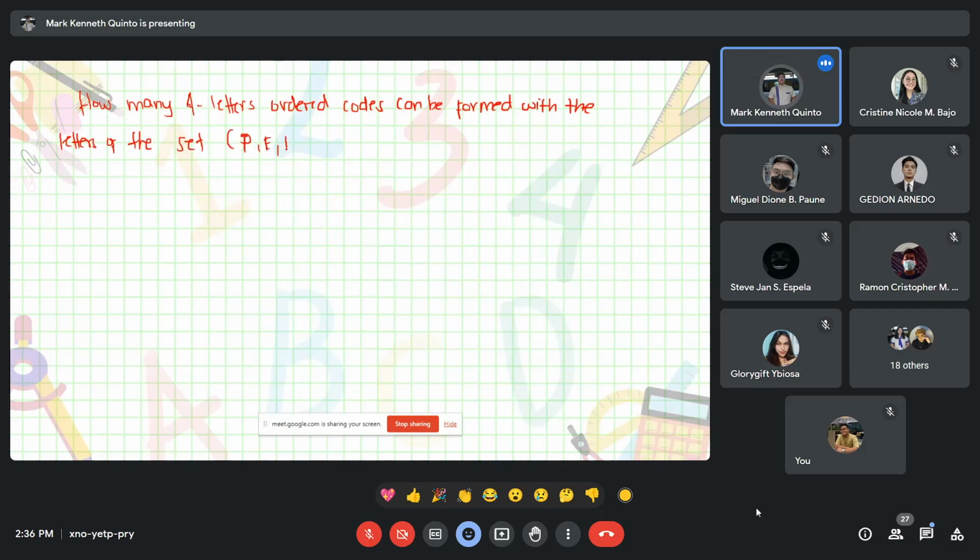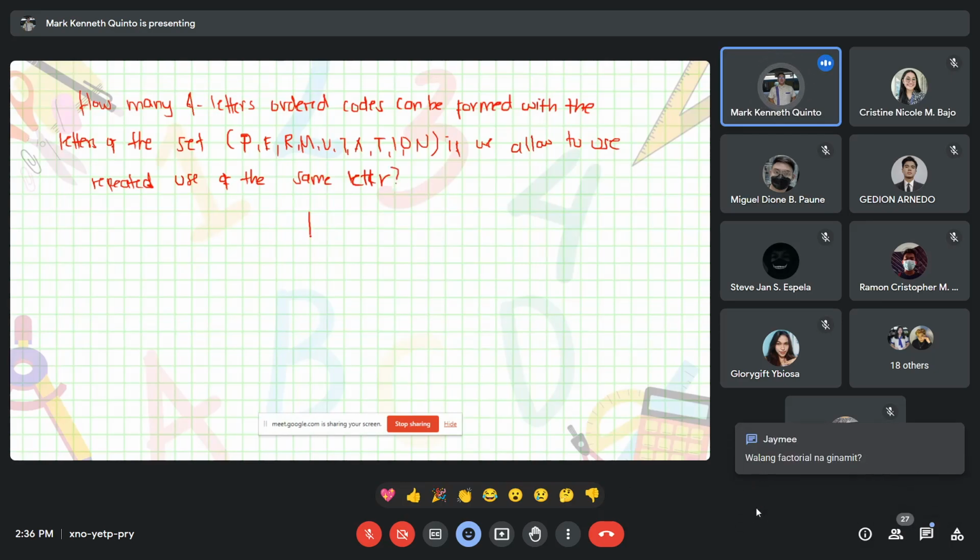P, E, R, N, E, E, I. And if we allow to use repeated, use the same. So, based from the solution they given, P or permutation is equal to 11 raised to 4.